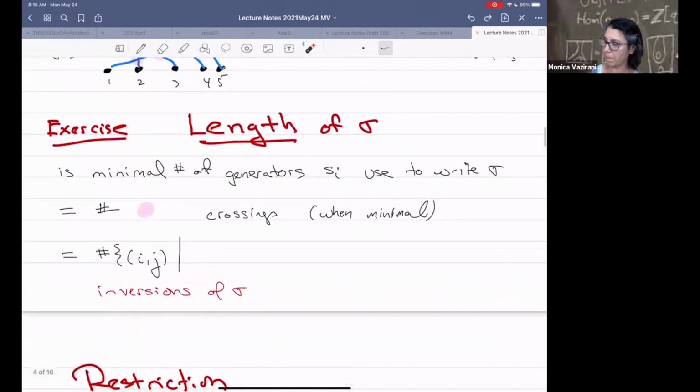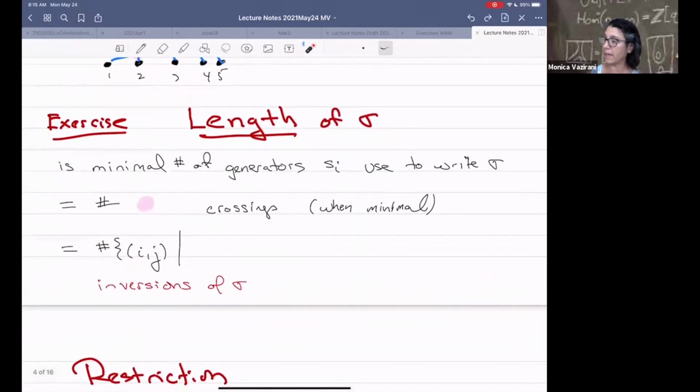All right, and so this is also equal to the number of inversions of your permutation. You might ask, well, if I always have to draw the picture to read off the number of crossings, that might be quite a difficult thing to do. Well, there's another way to see this.